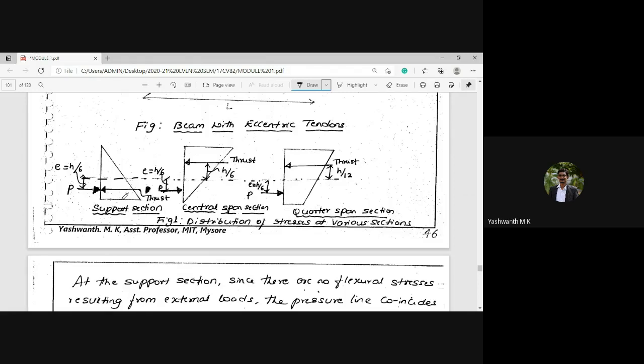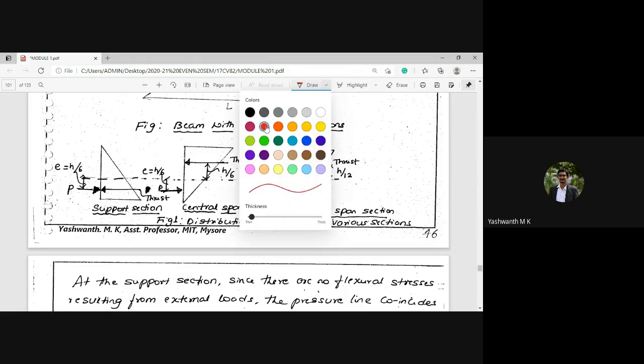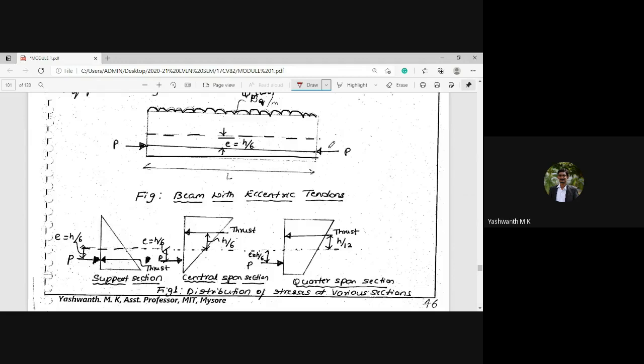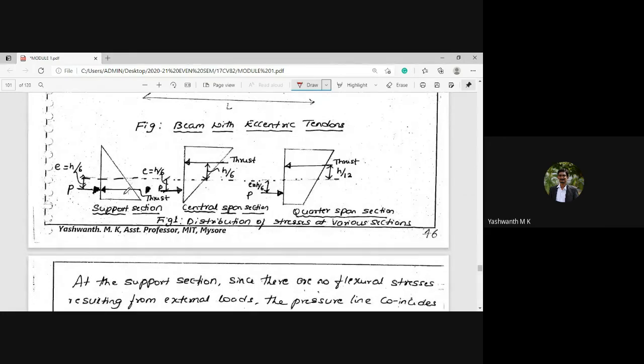And let me go with, in this particular session, the location of this pressure line or thrust line. Please observe here. As I stated, because of the effect of pre-stressing force and the external load, the pressure line or the point of application, here you can see, this will be the pressure line, or the force or the thrust that will be acting.